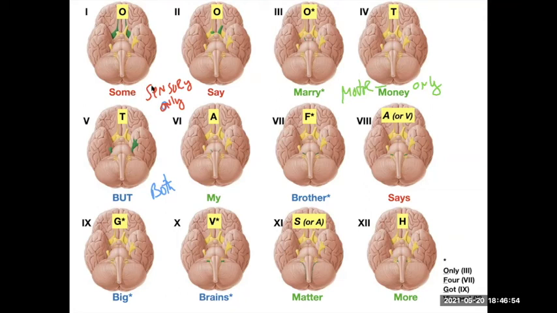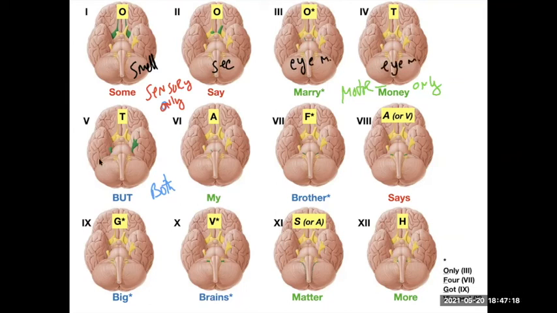And then this one will help give you a clue about sensory versus motor, right? And then the rest of the stuff will be very basic information, like smell, see, eyeball movement, eye movement.